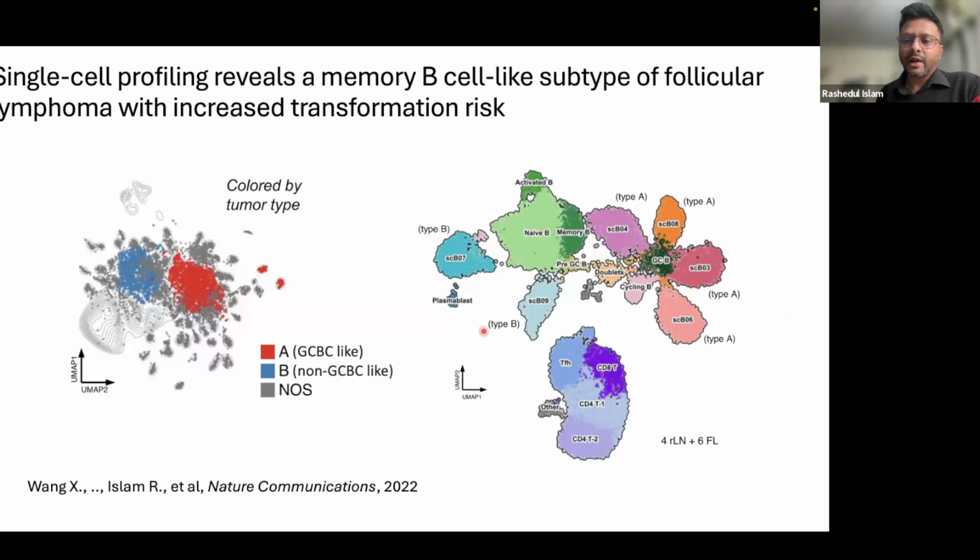So this technology is allowing us to understand the cellular composition, as well as the tumor microenvironment better. That is allowing us to target with precision therapeutics and develop future potential therapeutics.